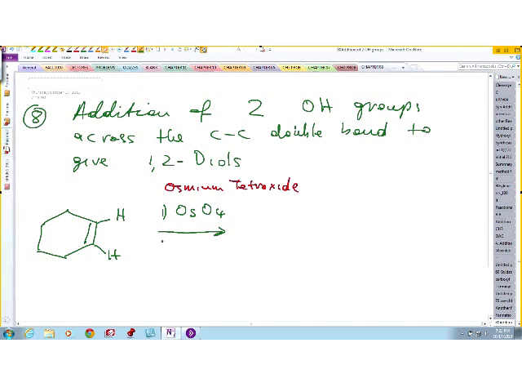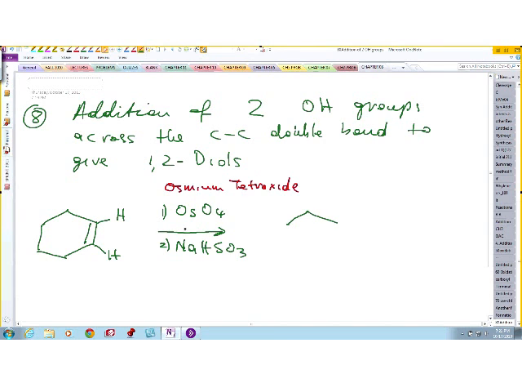I follow the osmium tetroxide with sodium hydrogen sulfide.